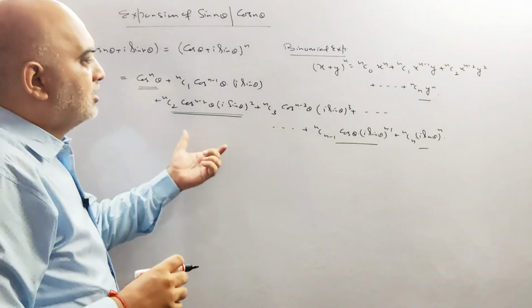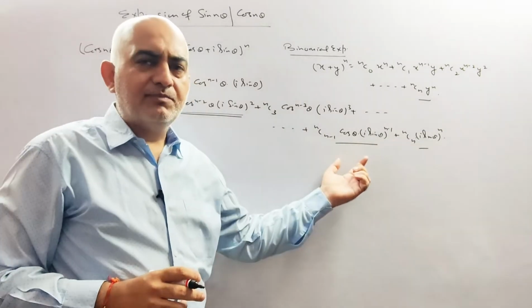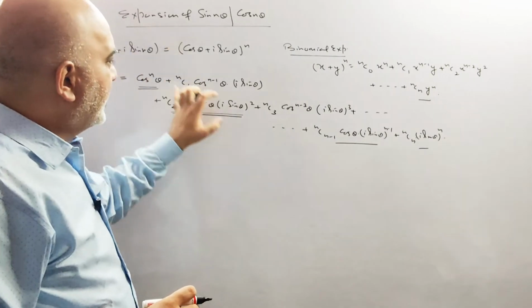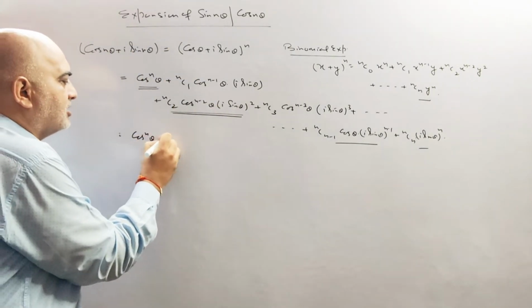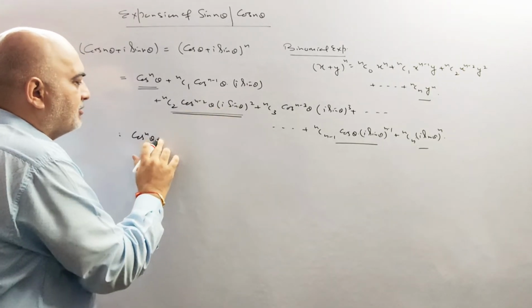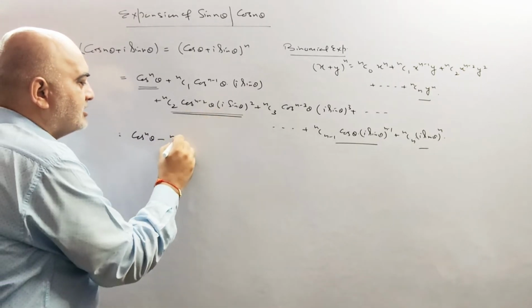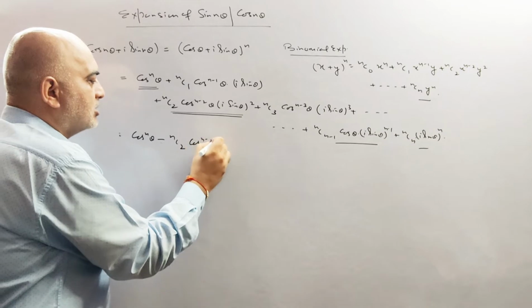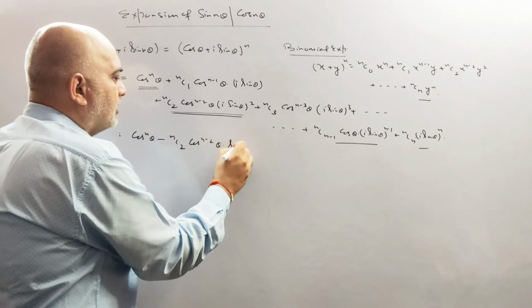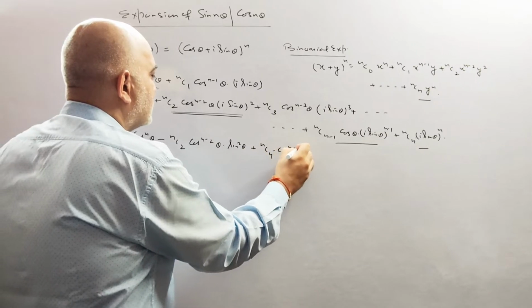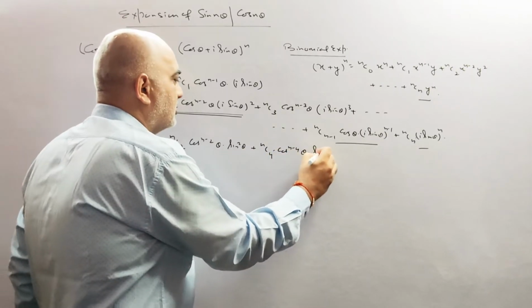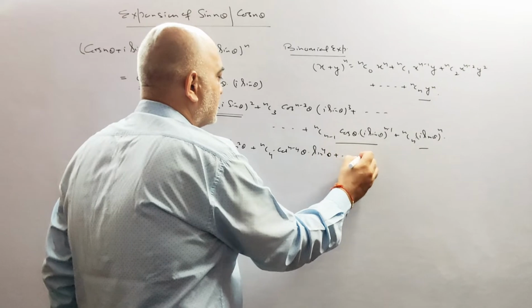So first of all, excluding this concept, we are just taking the expansion. You have to consider these values: cos^n theta, plus iota square will be minus 1, so minus nC2 cos^(n-2) theta sin square theta. Then plus nC4 cos^(n-4) theta sin^4 theta, and so on.